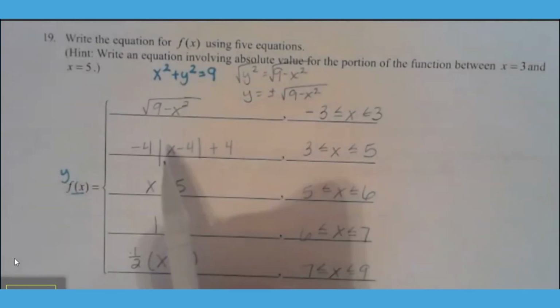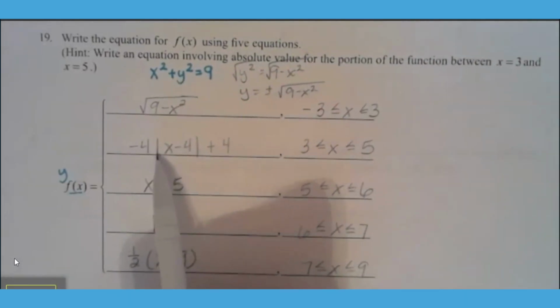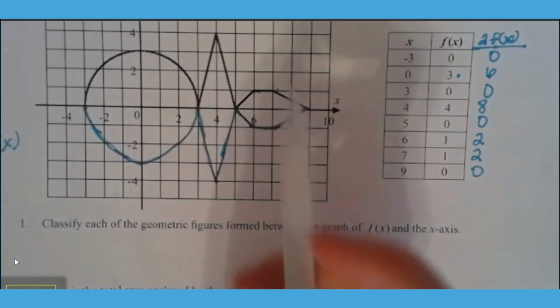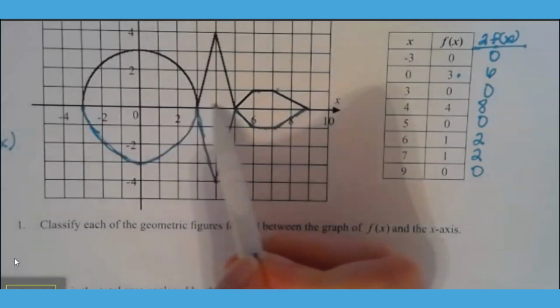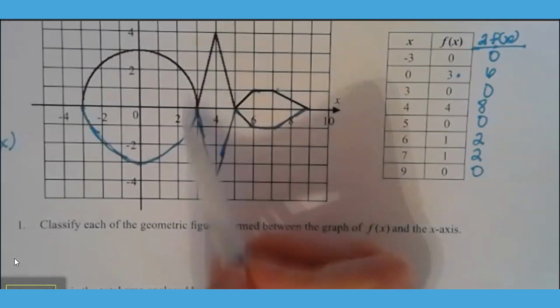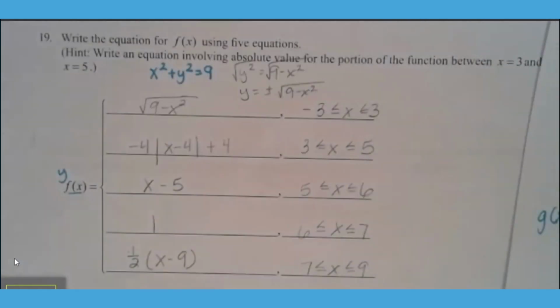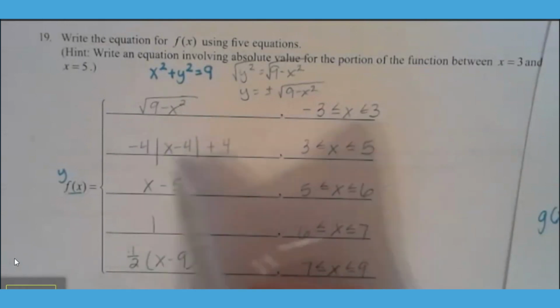However, we would love if they could pick up on the fact that that is actually an absolute value equation. That is an absolute value equation that has been translated to the right, reflected down with a slope of -4, giving us our equation that we get here.